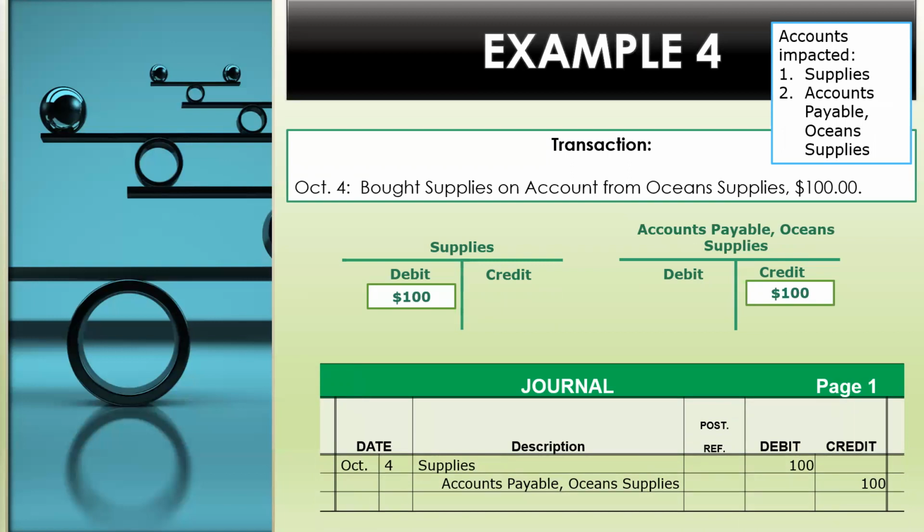So we enter supplies under the description column. We go over to the debit column and we have 100. On the next row of the journal, we're going to enter the description of accounts payable, Ocean Supplies. Then we're going to go over to the credit column and enter our 100. Debits equal credits. This transaction impacts 2 accounts, and there's a debit and a credit.